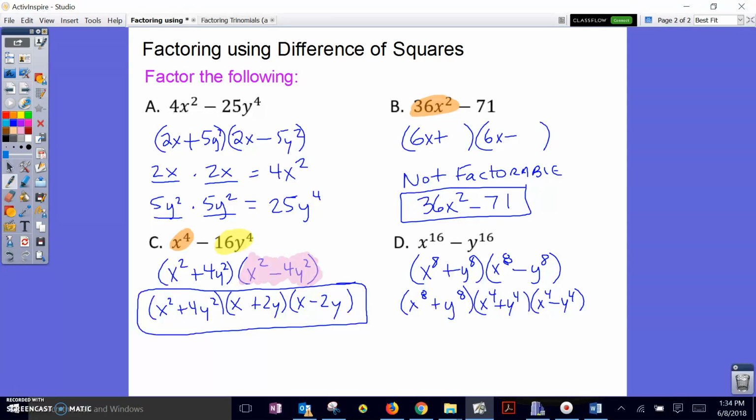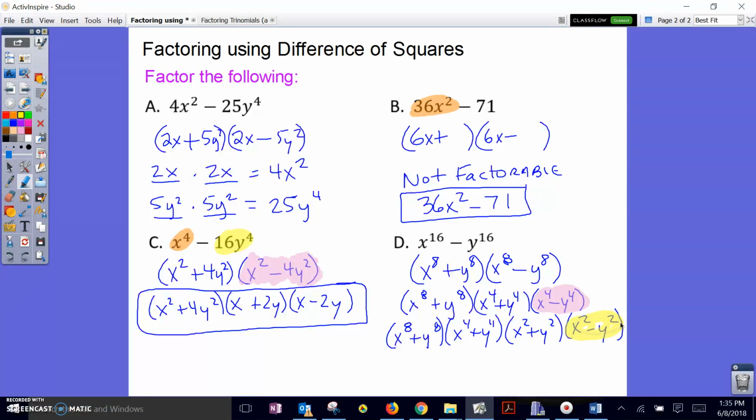And again, we see this third factor on the end, where this is still a difference of squares. And so we're going to break that down even further. And that's going to be x squared plus y squared times x squared minus y squared. And whoa, one more time.